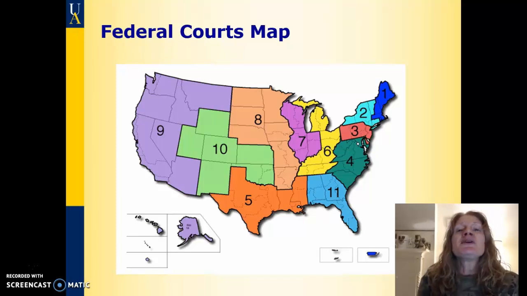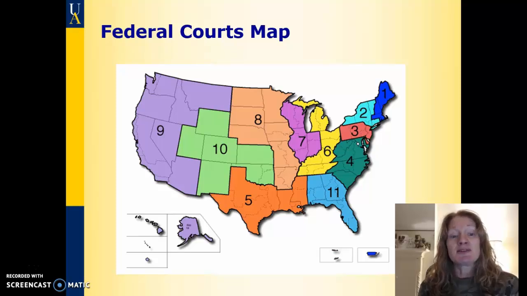Okay, so if there is a case decided in the Northern District of Ohio, it is not binding on the Southern District of Ohio. It's merely persuasive. If there's a case in the Northern District of Ohio, it is only persuasive in, say, a federal court in Tennessee.